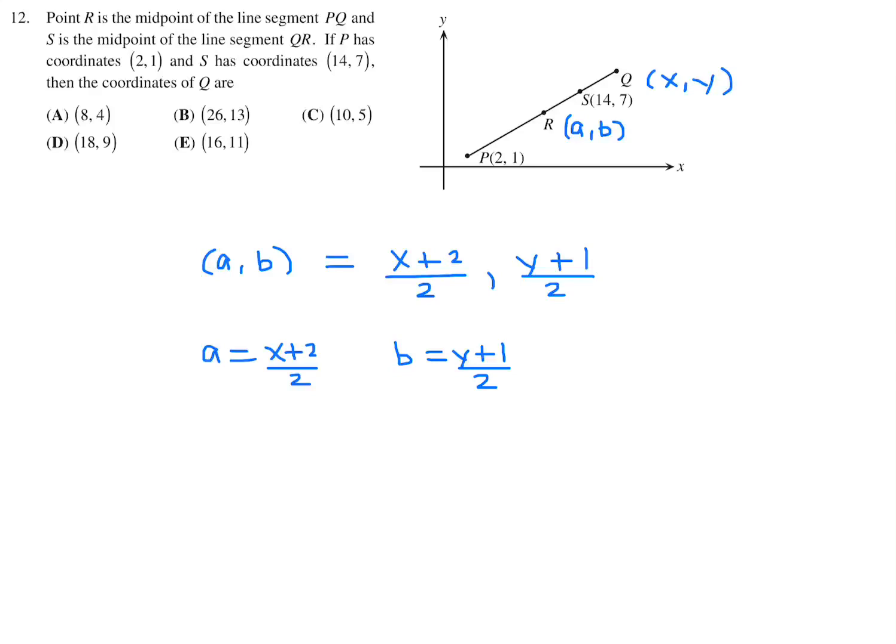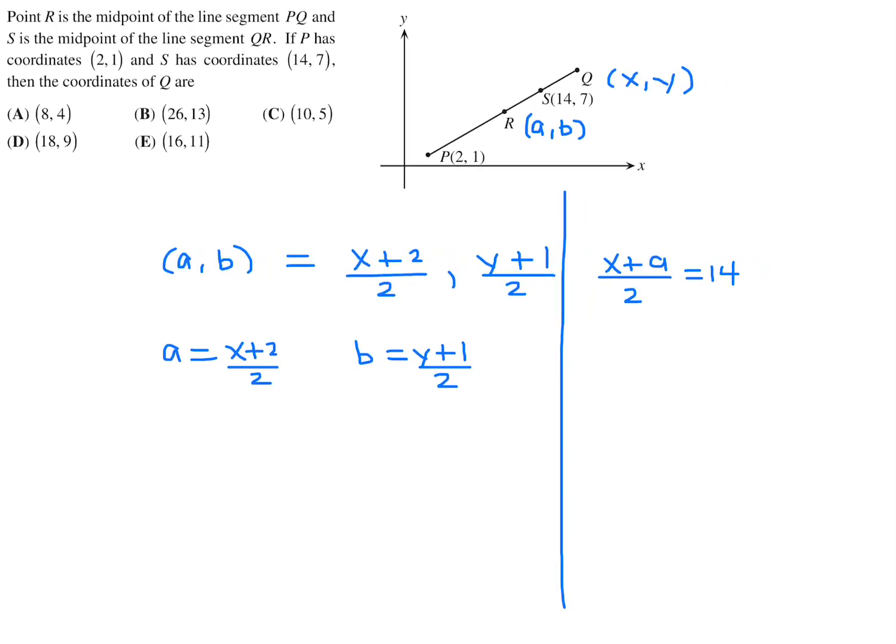Okay, so now we turn our attention to what they want, which is S is the midpoint of QR. So S is the midpoint of Q and R right there. Okay, in a very similar way, we're going to create 2 equations. X plus A over 2 is equal to 14, correct?